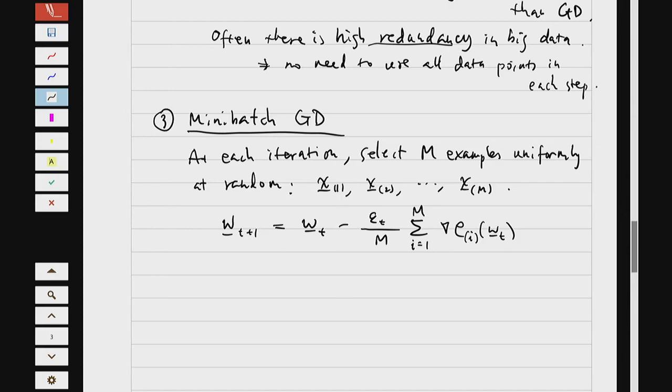I'm just curious, something like mini batch, is there maybe a version of it where you make informed decisions using maybe heuristics about which examples you choose? Yes.